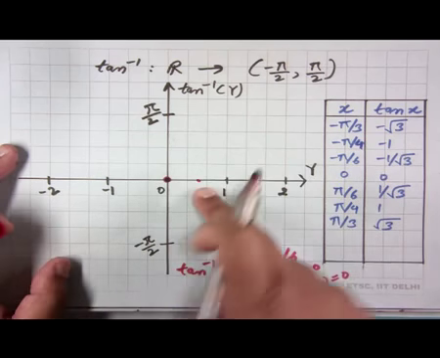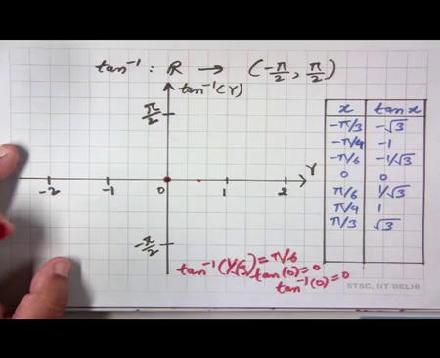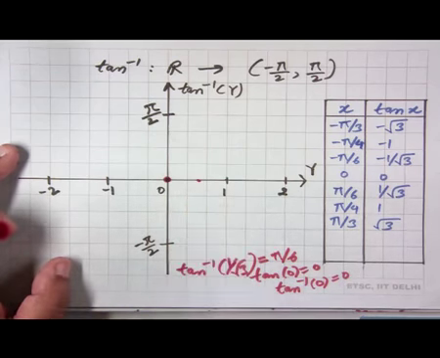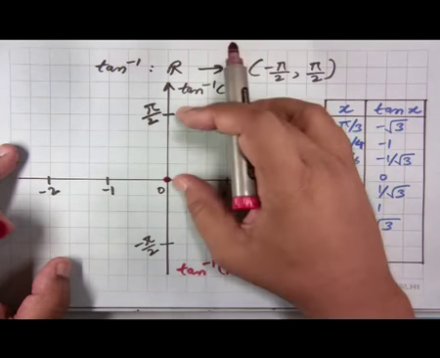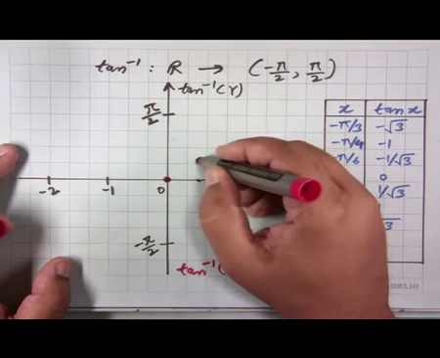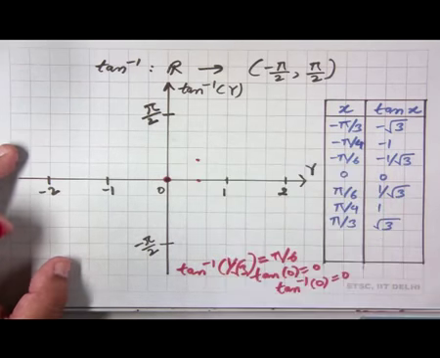This is y equal to 1 over root 3, and the value of the tan inverse function at y equal to 1 over root 3 will be equal to pi by 6, which is 1/3 of this entire range, so it will be somewhere there.